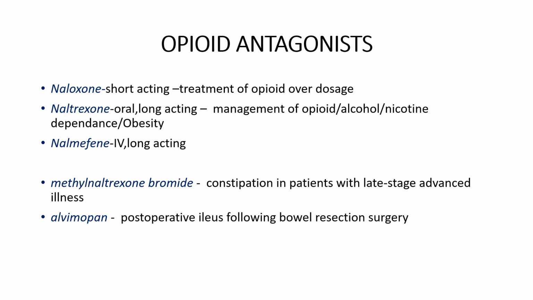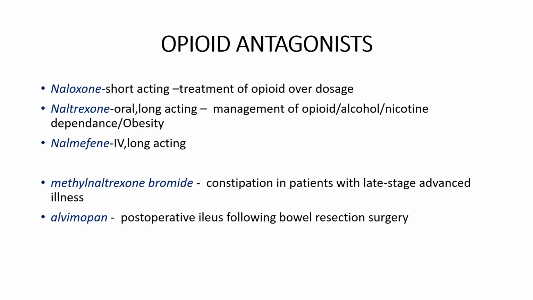Along with buprenorphine, it is used in weight loss. And nalmefene is a longer acting drug given intravenously. And you have two opioid antagonists which have more peripheral action, so they act on peripheral mu receptors with less central action: methylnaltrexone bromide and alvimopan.